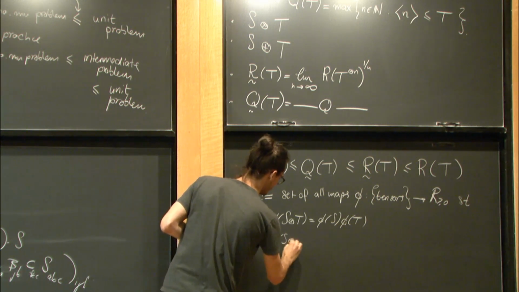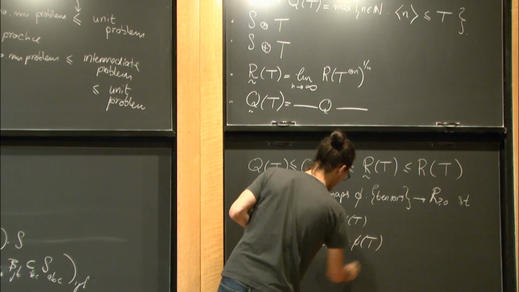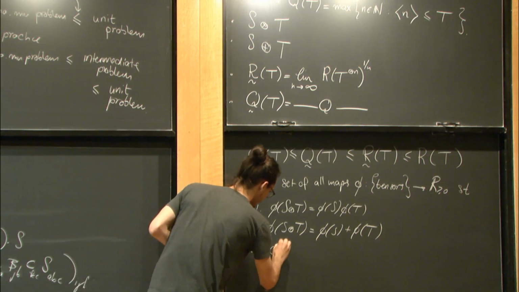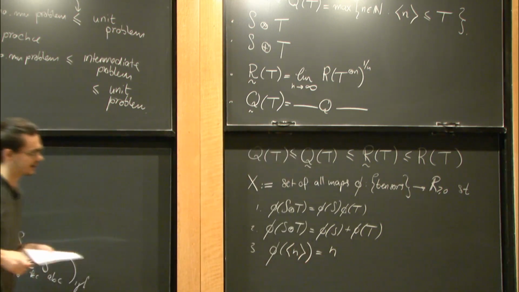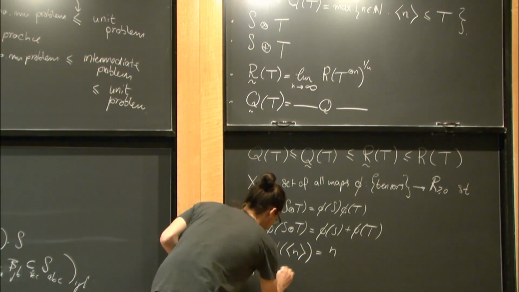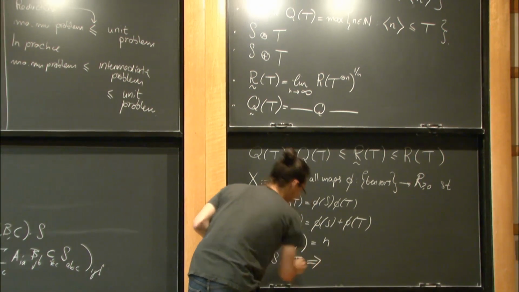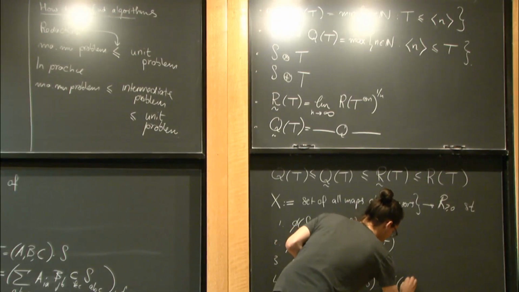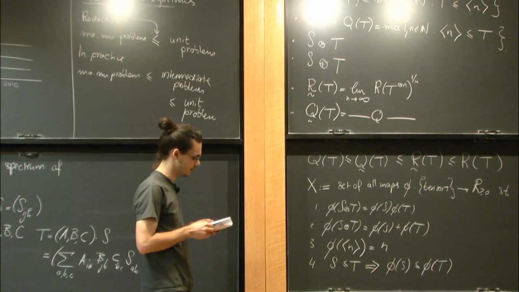I want phi of s plus t to be equal to phi of s plus phi of t. We wanted phi to be normalized on these n by n by n diagonal tensors. And the fourth property is that for any s and t, if s is smaller than t, in the way we defined it before, then I want phi of s to be smaller than phi of t. Yeah, so a simple set of rules that these phis have to obey.